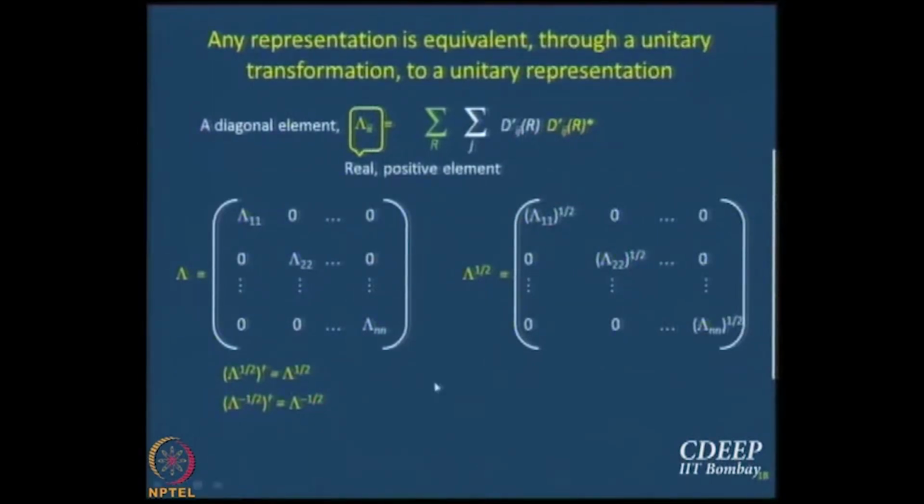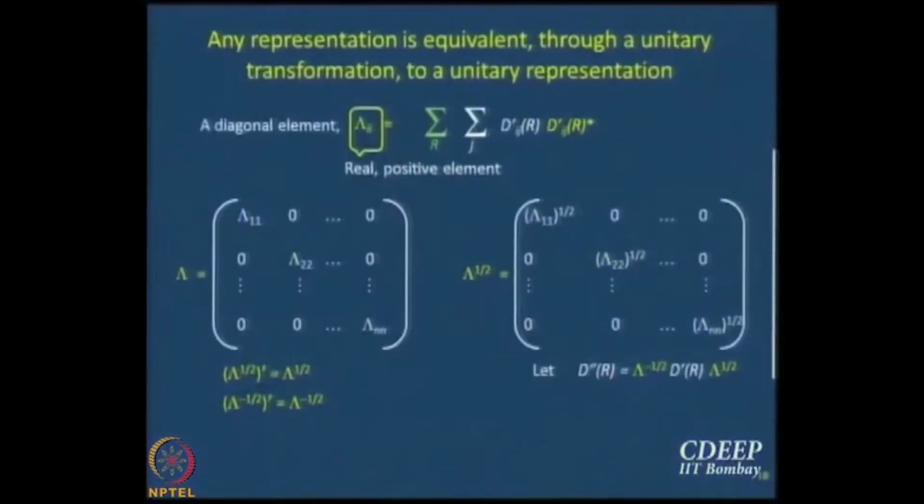Okay, so will you agree with me if I say that the adjoint of lambda to the power half is also lambda to the power half? It's very obvious, diagonal matrix, no issue. Similarly, the adjoint of lambda to the power minus half is equal to lambda to the power minus half, right? So now let us write it like this.